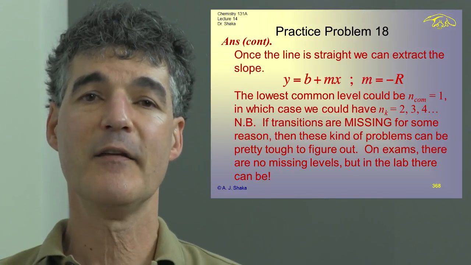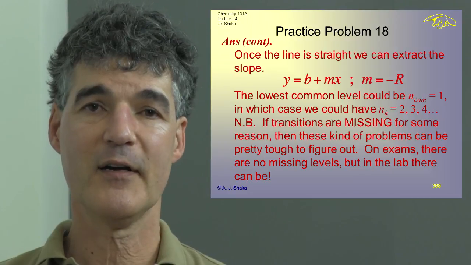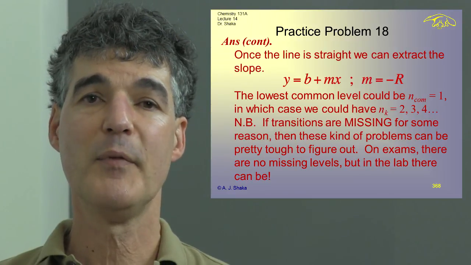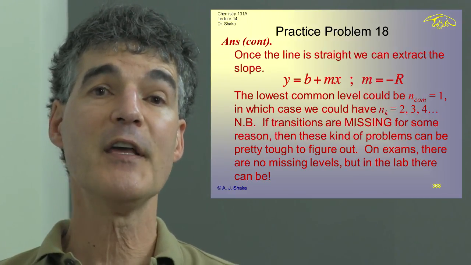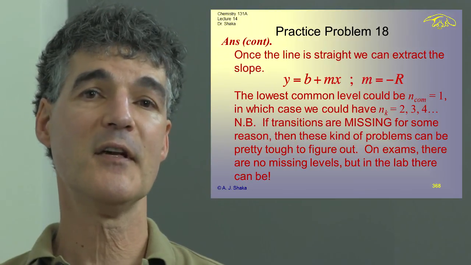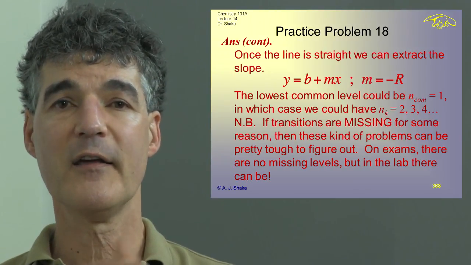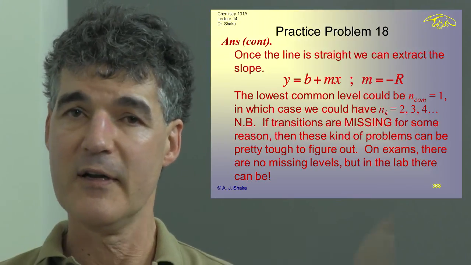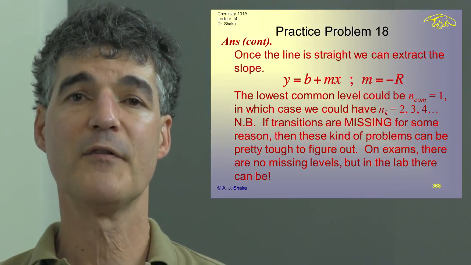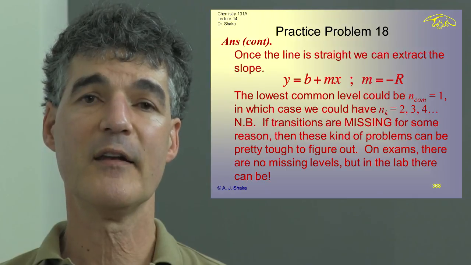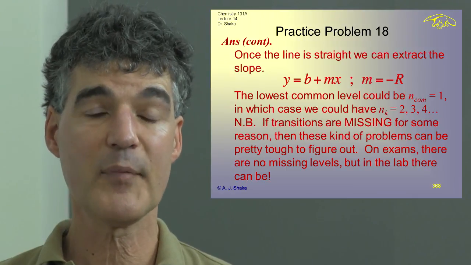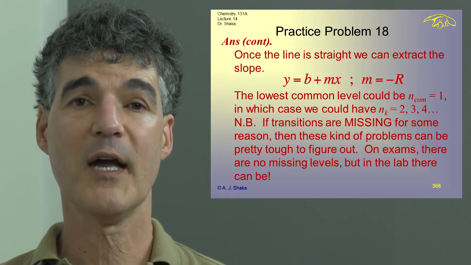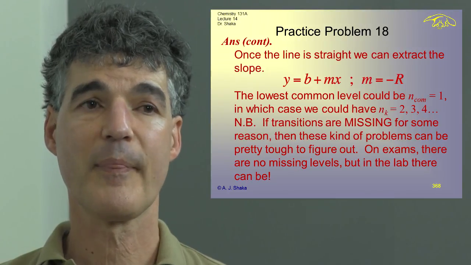But in any kind of exam problem, we'll never have something like that. In the lab, for various reasons, some transitions can be dark, something happens, there's another pathway where the electron can go, and it's very hard to see that, and sometimes it takes a lot of patience to work out what's going on.